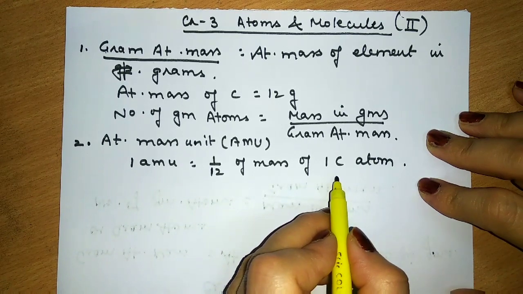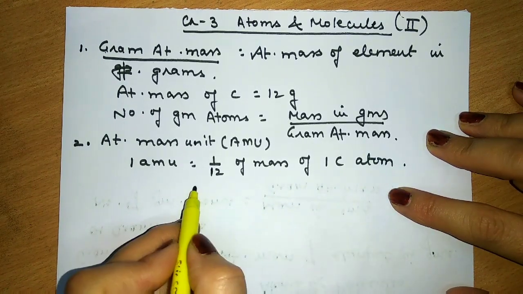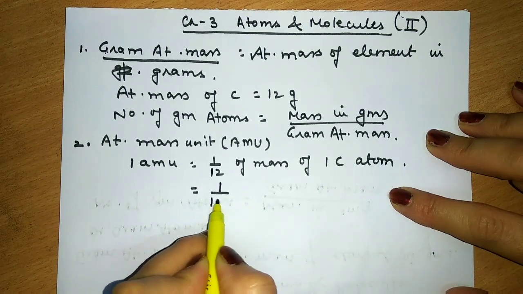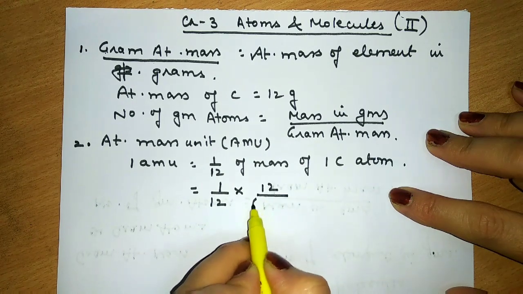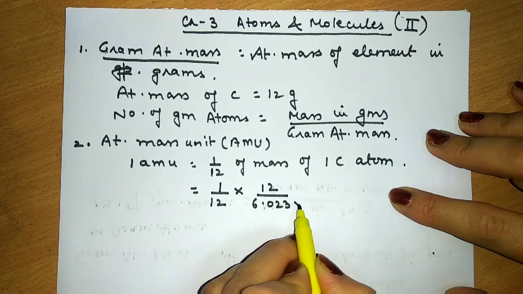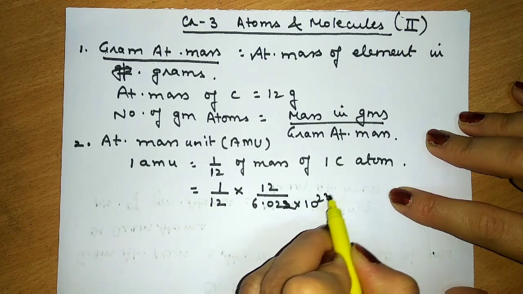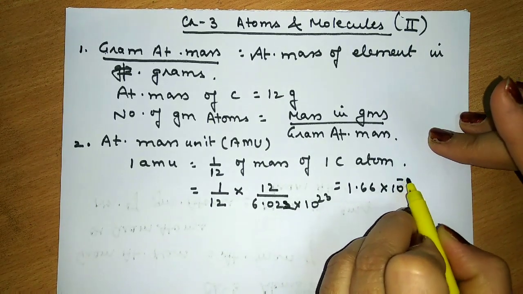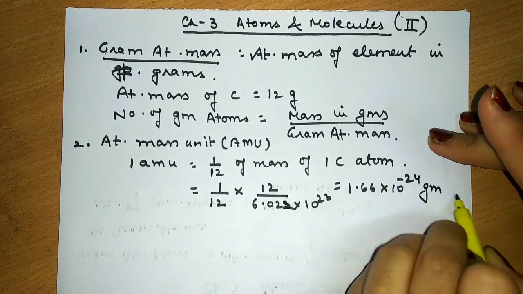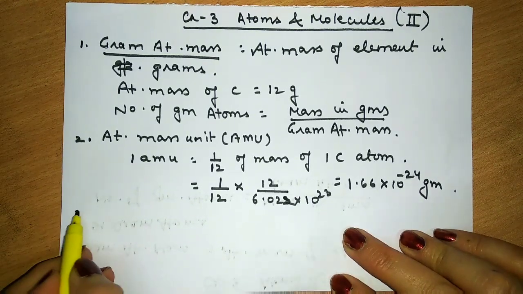As we discussed in the previous video, the mass of a carbon atom is 12 divided by Na, 6.022 into 10 to the power 23. That comes out to be 1.66 into 10 to the power minus 24 grams. So that is atomic mass unit.